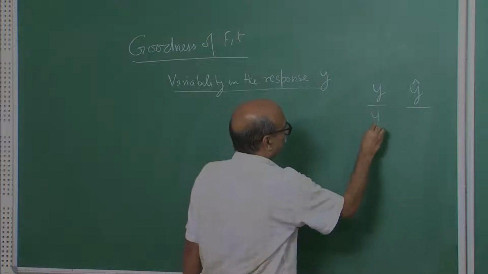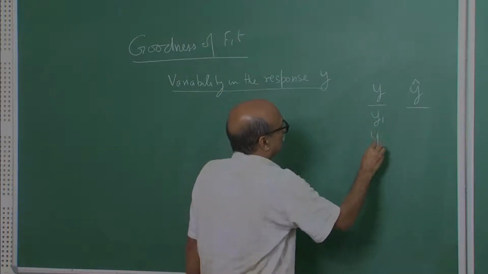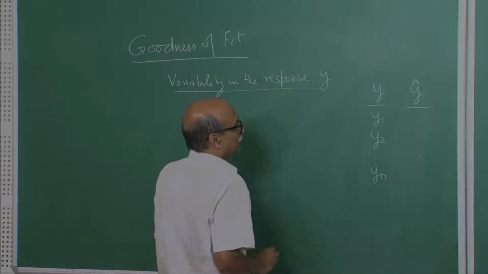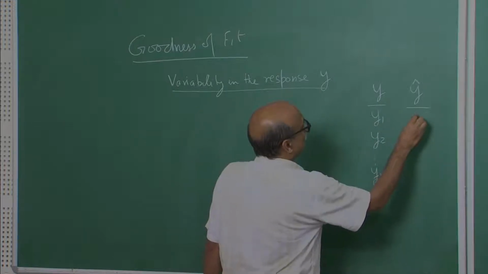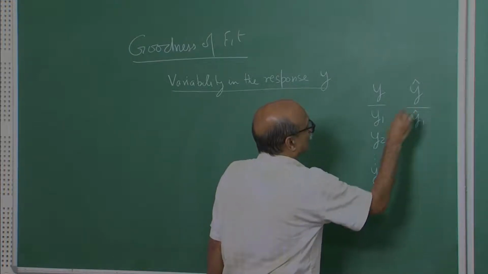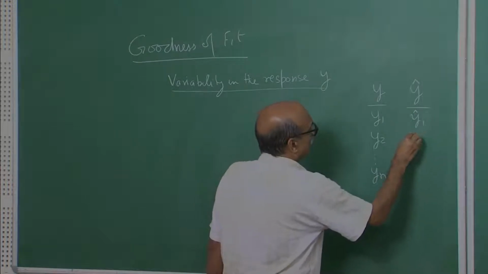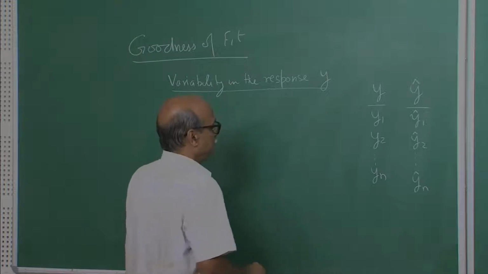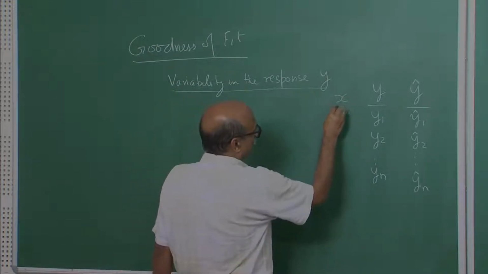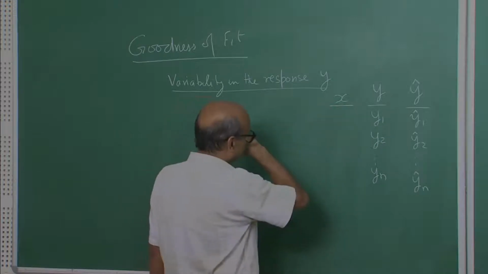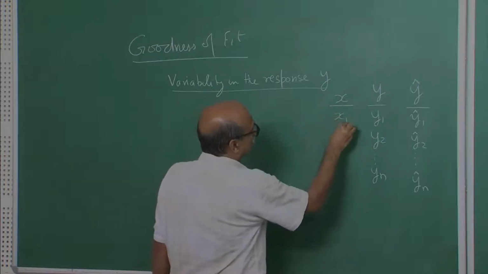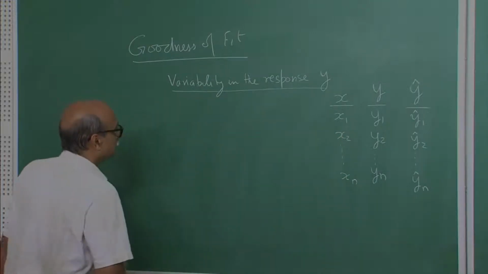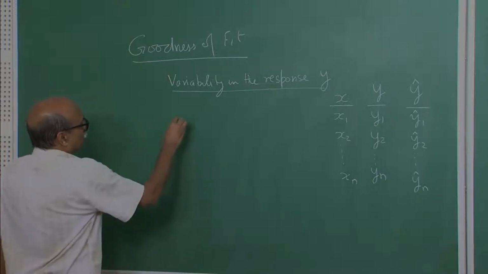So, I will have y1, y2 and so on till yn, the n data points that I have. Corresponding to each of them, I will have the predicted response y1 cap, y2 cap to yn cap, and of course, this is corresponding to the independent variable x, which in this case is log t, x1, x2 to xn.